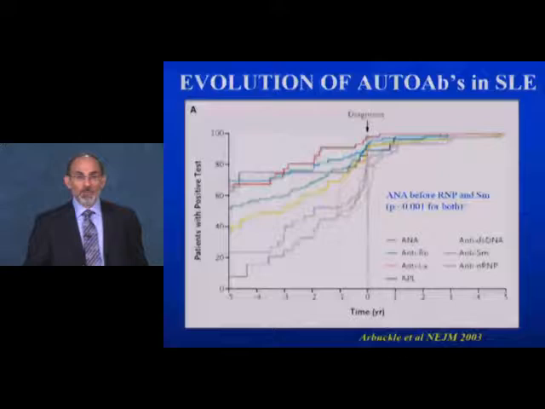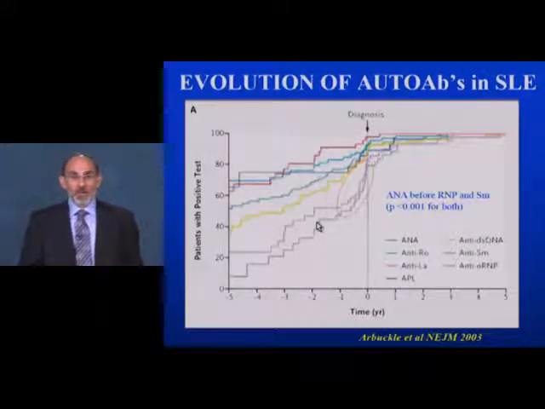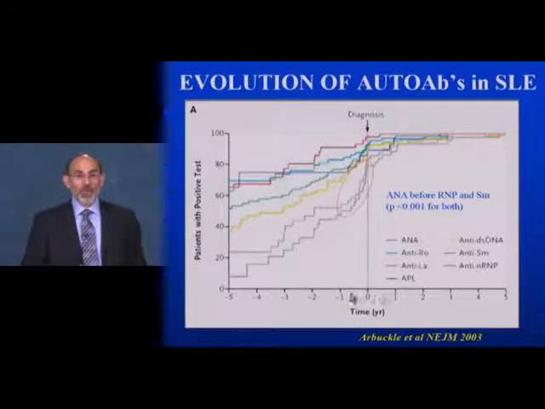One of the more interesting papers in the last 10 or 12 years was this paper by Melissa Arbuckle in the New England Journal of Medicine in 2003, and she looked at Army recruits. The Army stored blood on these recruits when they joined the Army, and then they came to Dr. Arbuckle, a rheumatologist, about 5 years later, and there were more blood tests.